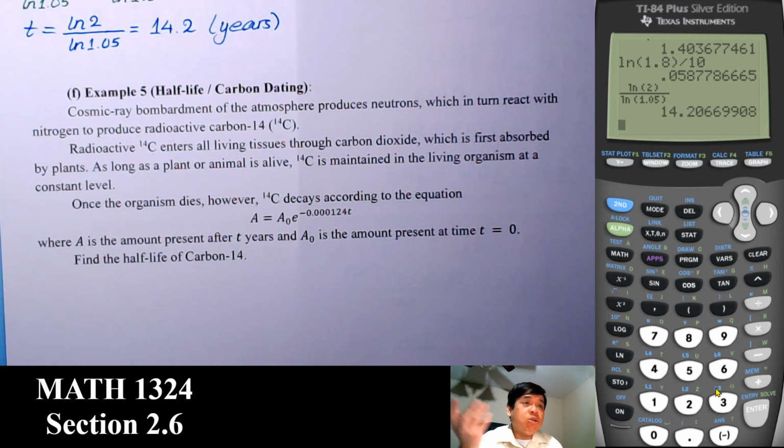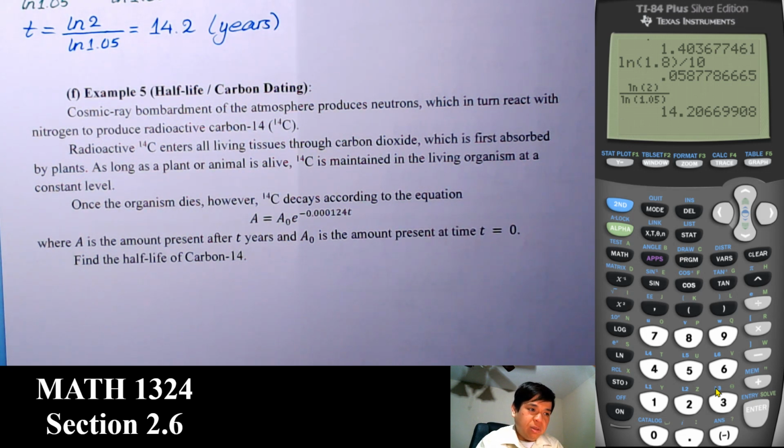So maybe 1,000 years later, my bones will only have about 5% of the carbon-14. In that case, based on the percent of carbon-14 in the remains, we can determine how long since it happened.